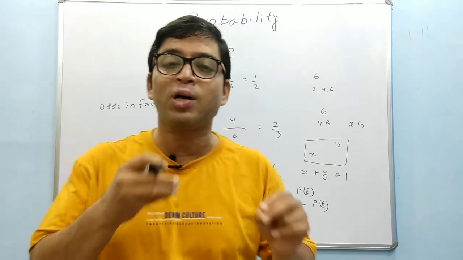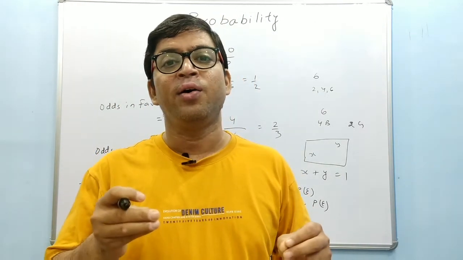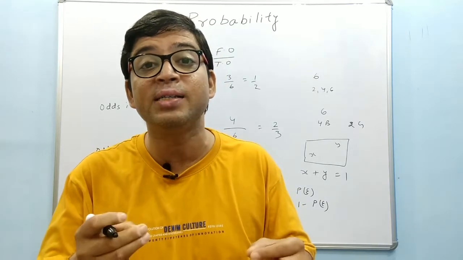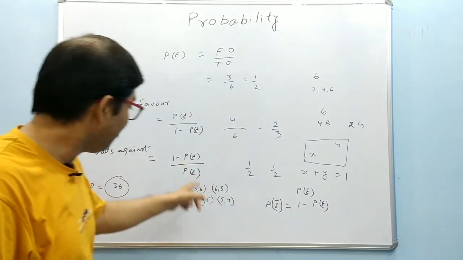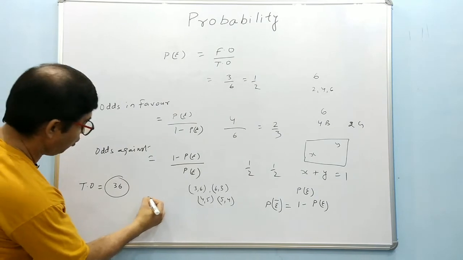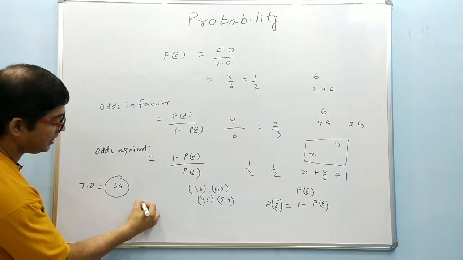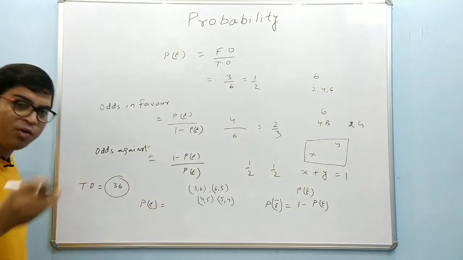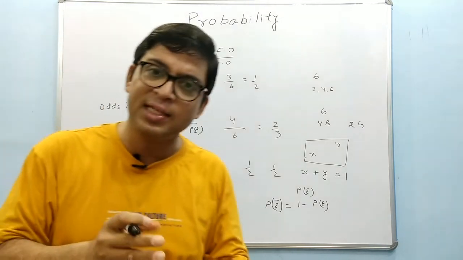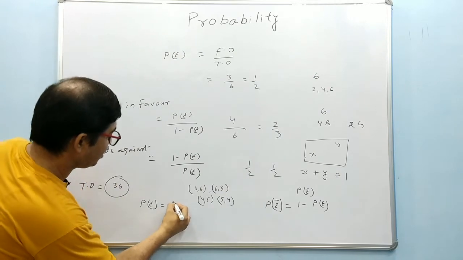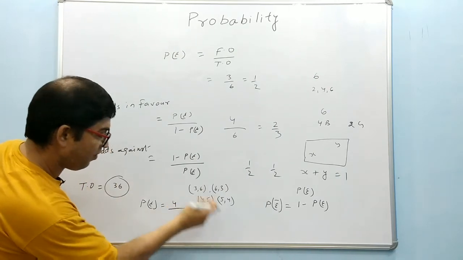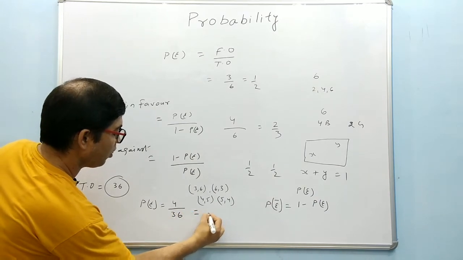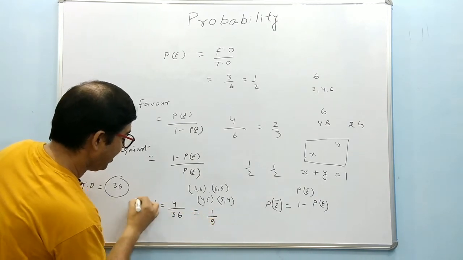Only 4 possible ways are there when the sum of the numbers appearing on the 2 dice makes 9. So the favorable outcome here is 4 and the total outcome is 36. So the probability of throwing 2 dice and getting the sum 9 is favorable outcome 4 by total number of possible outcomes 36, that is coming out to be 1 by 9.